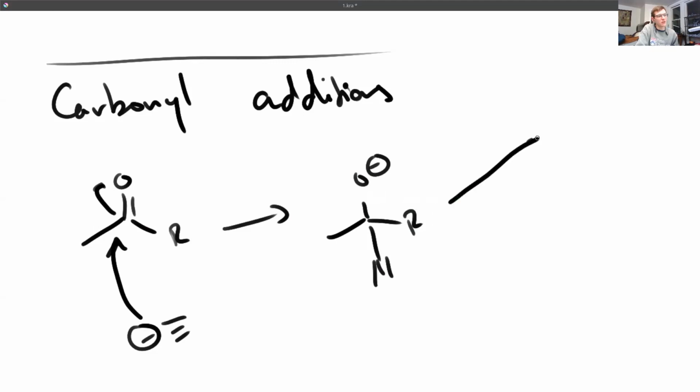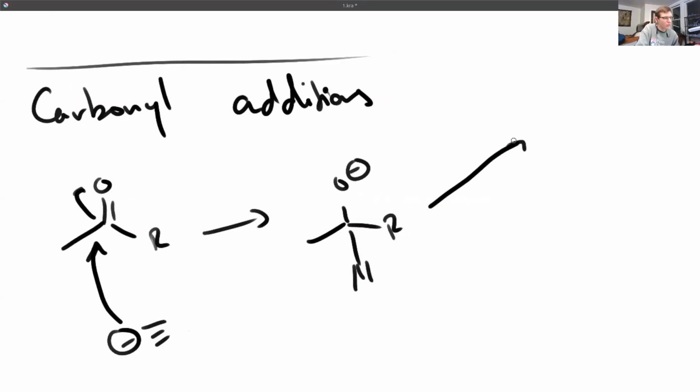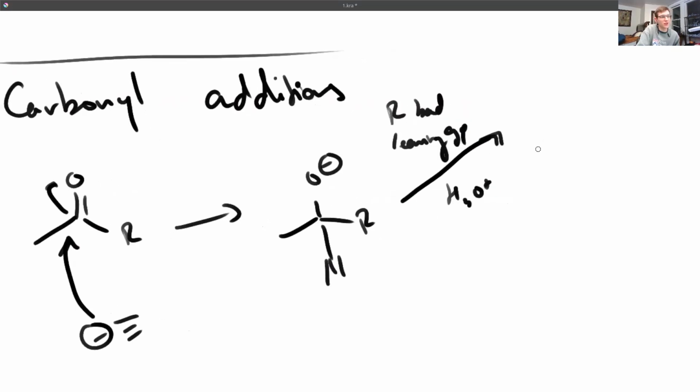If R is a bad leaving group, then you could just give it some acid and, exactly like you said, look at that. That's a nice compound. Tertiary alcohols are kind of hard to make otherwise, so this is a good way of doing it.